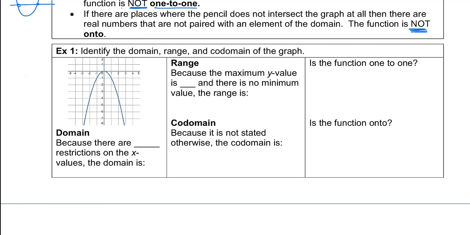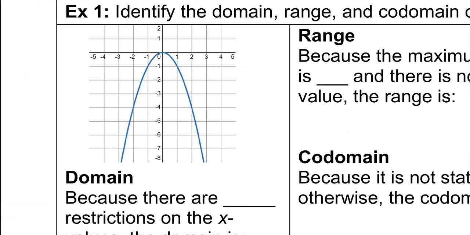Domain. So remember, domain are the x values that you can get, right? So you're going to be looking at the x-axis. Do you see that? And you're going to be looking to see, do you have points either above or below? When I make graphs, it's hard to put arrowheads on.